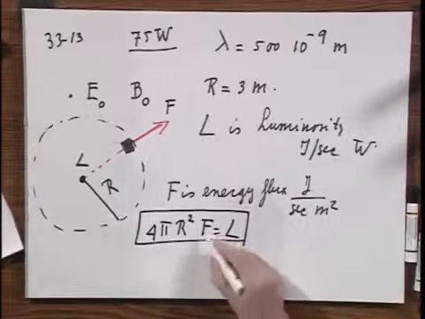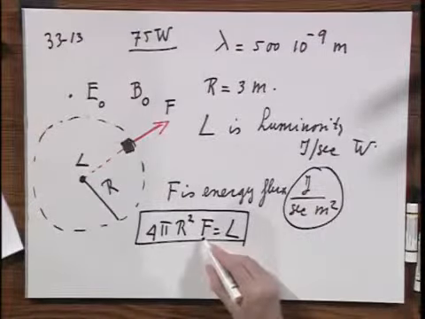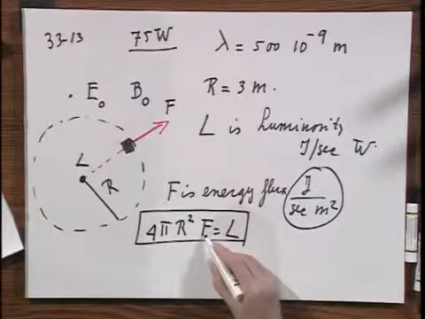But F, as you will see, is exactly what we have called in the past the mean Poynting vector. I say mean because if we take plane wave solutions to Maxwell's equations, then of course we have cosine terms, and if we have cosine terms we have to take the mean values.